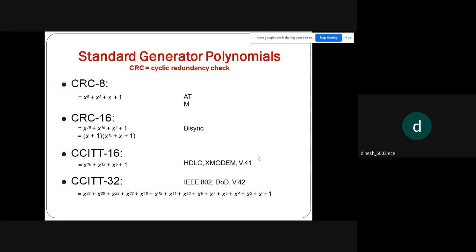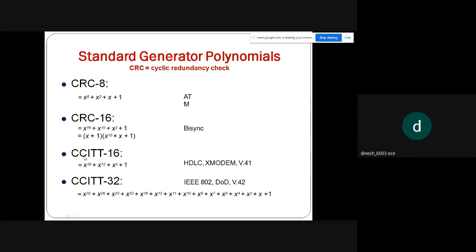So this is an example of your cyclic redundancy check. And somebody asked where we use it, sir. It is used in these types of modems. Cyclic redundancy check with 8 bits of information is used in AT and Bell Robotics modems. CRC with 16-bit information is used in bisynchronous systems.